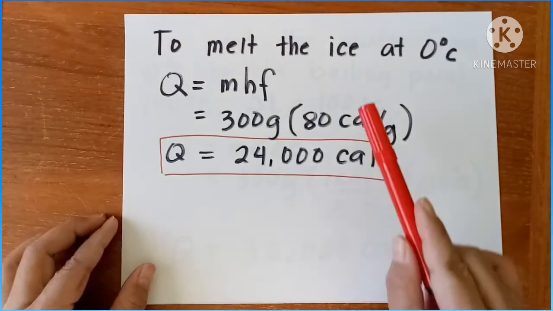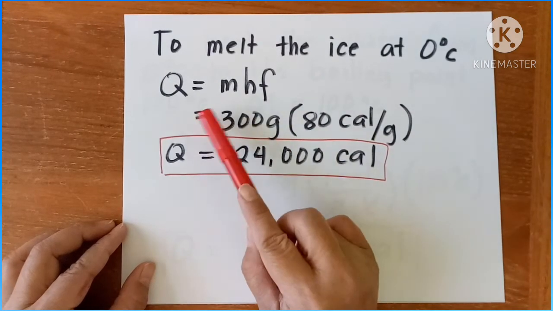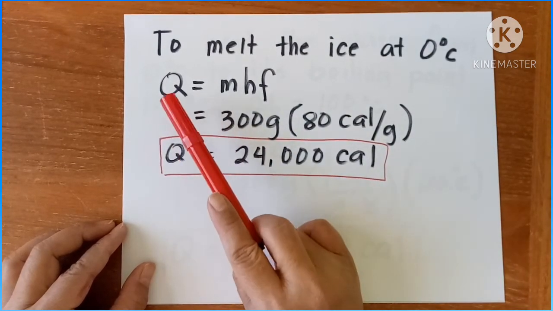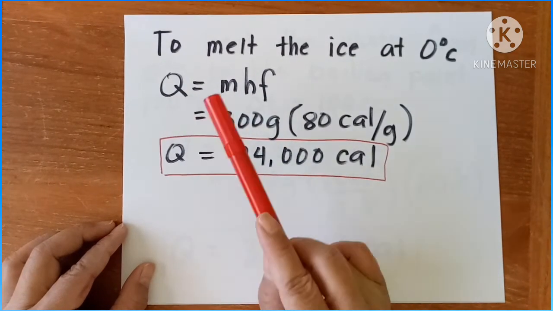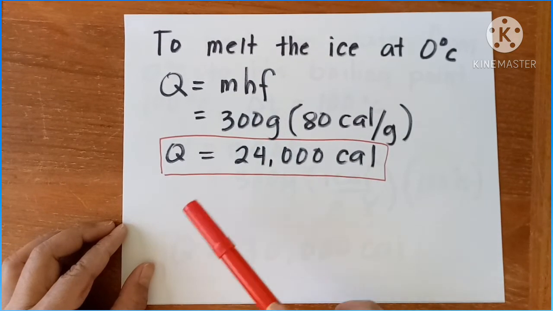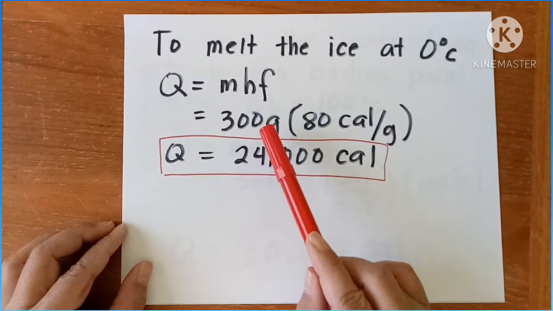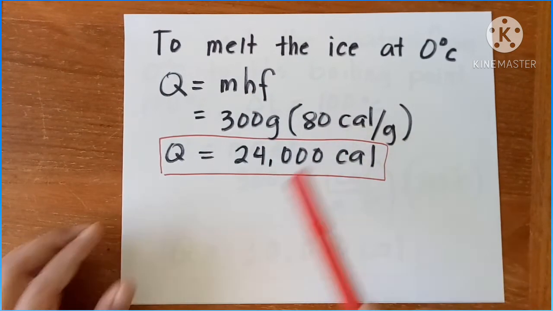Then next, to melt the ice at 0 degrees Celsius, we will be using this formula, Q equals m times HF, wherein Q is the heat, m is the mass, and HF is the heat of fusion. So mass is equal to 300 grams, heat of fusion is equal to 80 calories per gram.